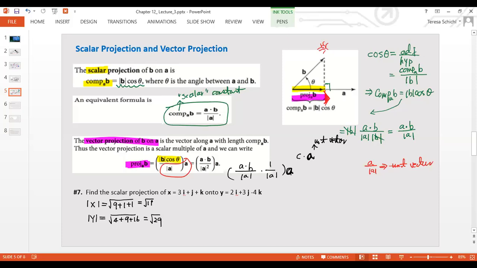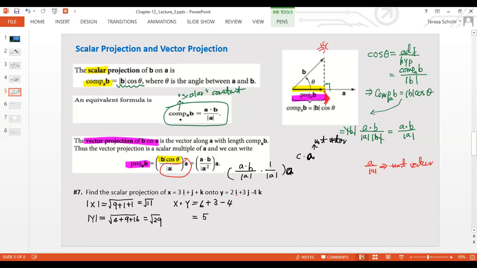Then we need to do the dot product, right? So what is x dot y here? 3 times 2 is 6, plus 3, minus 4. So you have 5, right? Now we want x onto y.